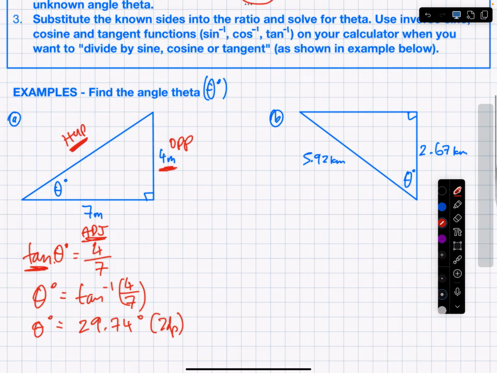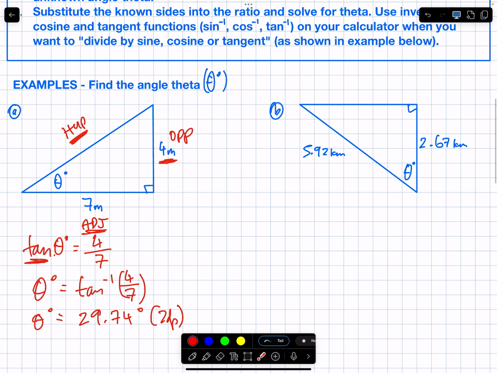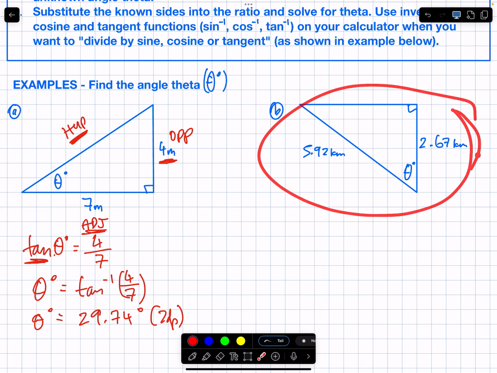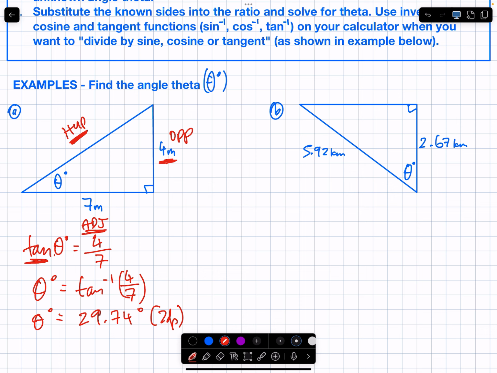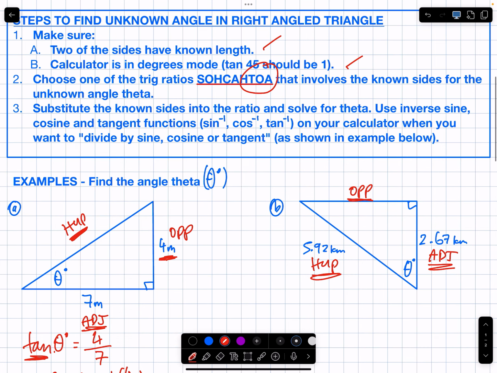What are the labels of these two? Do I know 2 sides in this triangle here? What are the labels on them? What's 5.92? Is that opposite, adjacent, or the hypotenuse? What would 2.67 be then? Adjacent, good. And so this one, which we don't care about, is opposite. Which of the SOHCAHTOAs involves adjacent and hypotenuse?